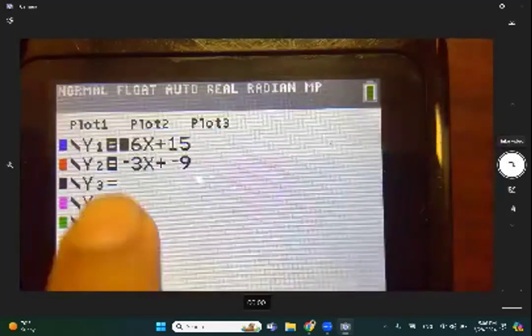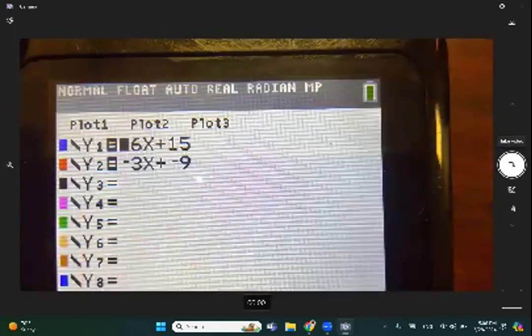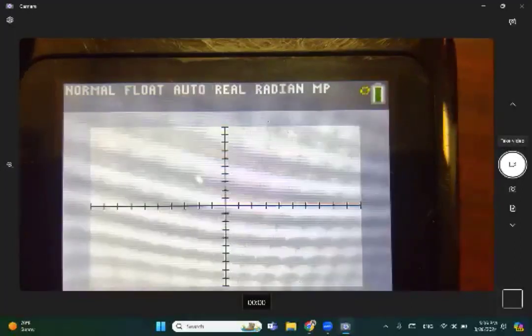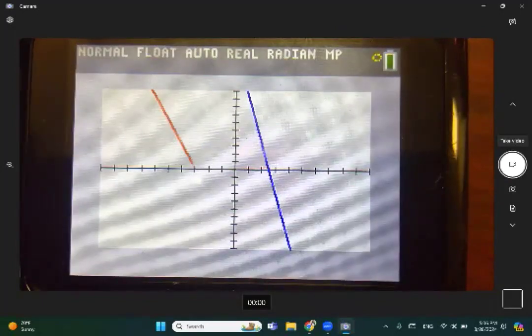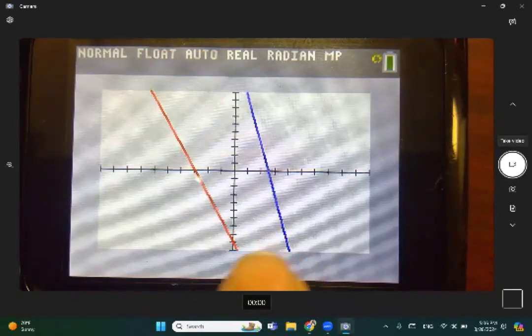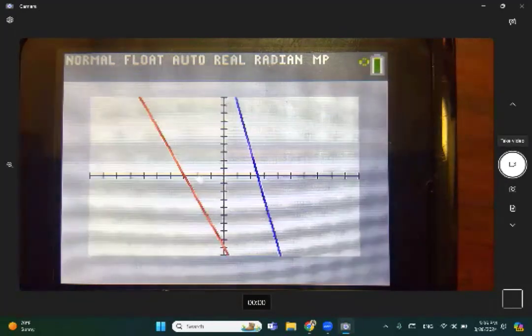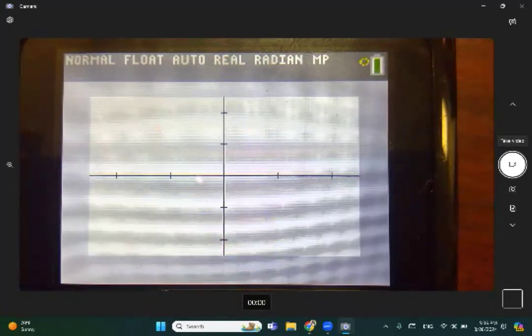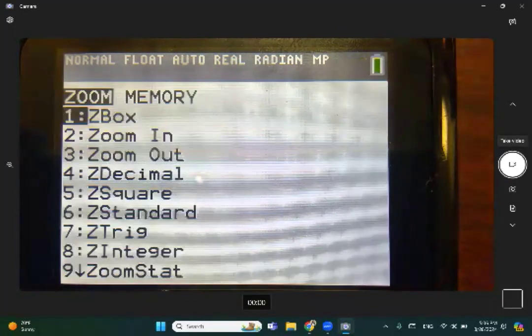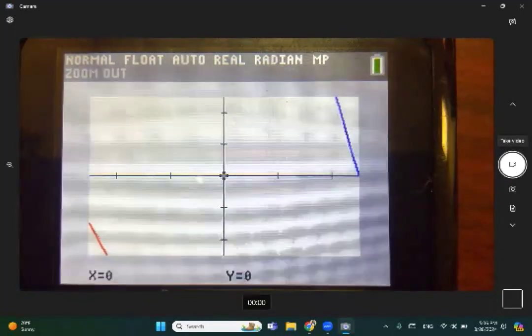Now notice they're both in y1 and y2. So we hit graph. Make sure you can see the point of intersection first. You can tell that they're going to intersect, but you can't see where. So we're going to zoom out. When you use the zoom out, make sure you push enter or it will not zoom out. Zoom 3, sorry.